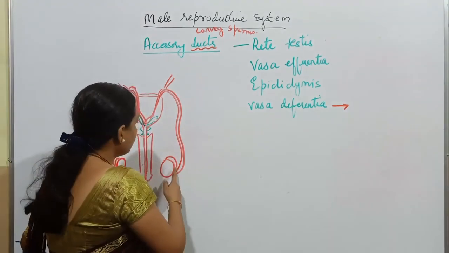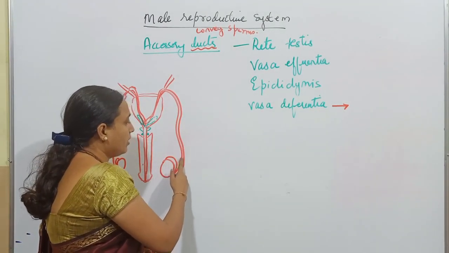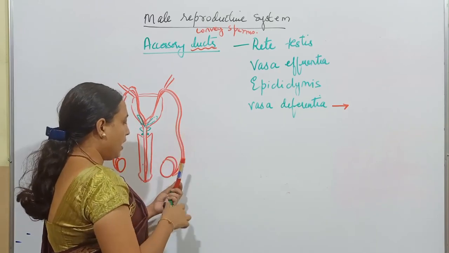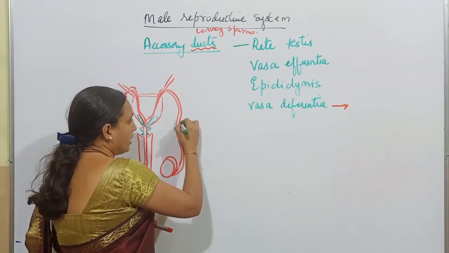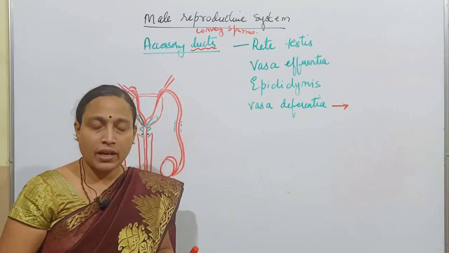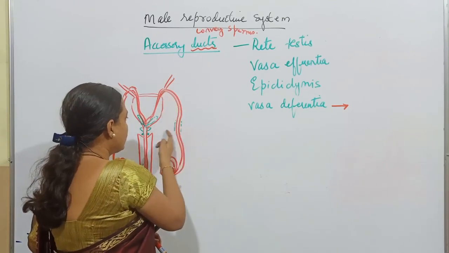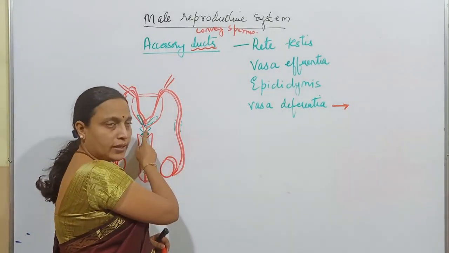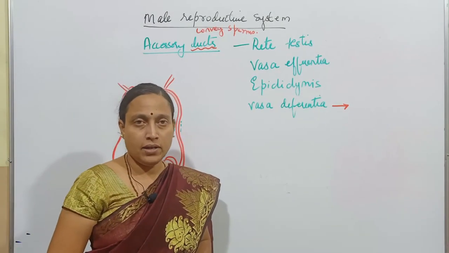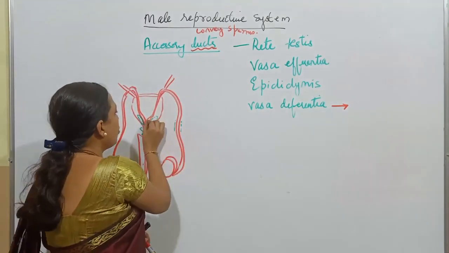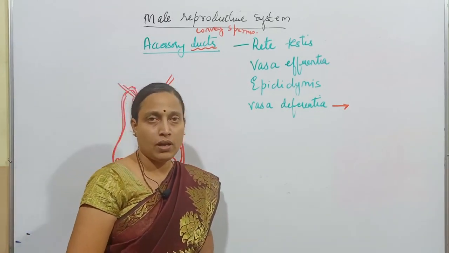So vas deferens arises from the epididymis, then ascends up, and before entering into abdominal cavity, it should definitely pass through inguinal canal. As it passes through inguinal canal, it does not directly join the urethra, but instead it will take a loop around this urinary bladder, and then the swollen end of this vas deferens is called ampulla.